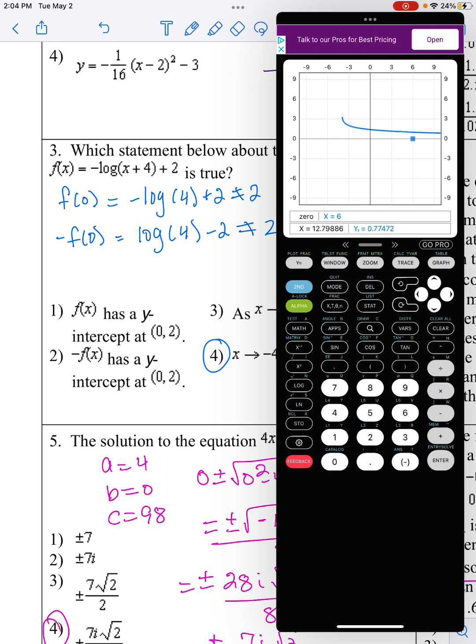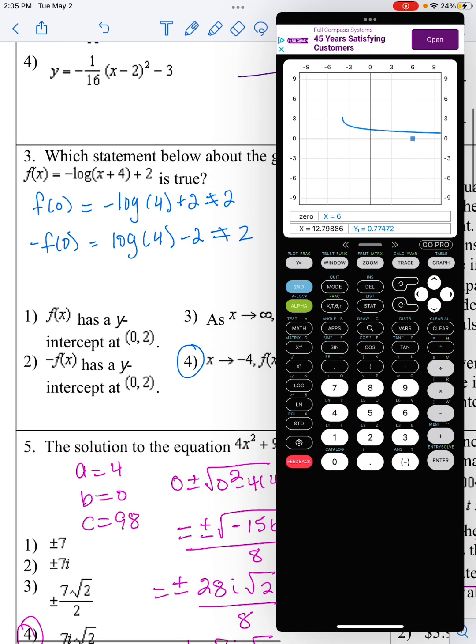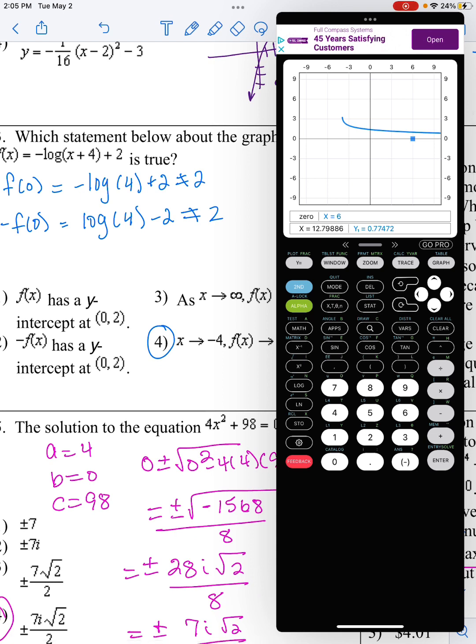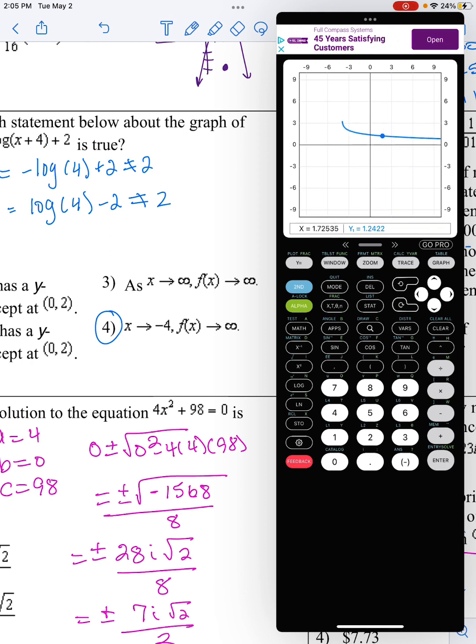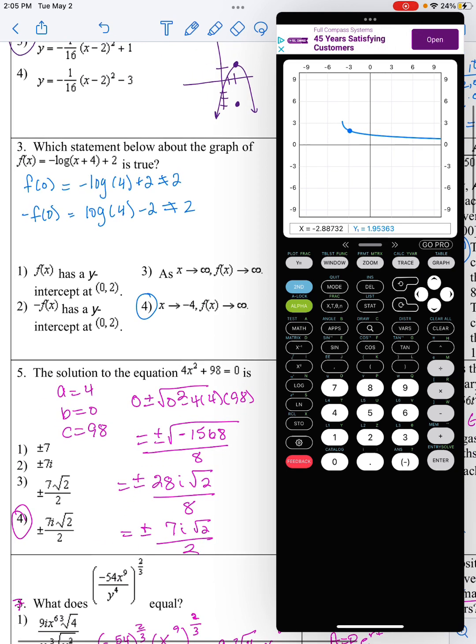All right, so as we can see, as x approaches -4, which is here, -4, f of x is, okay, as we take a look at this graph, it's going to continue to go up to infinity.